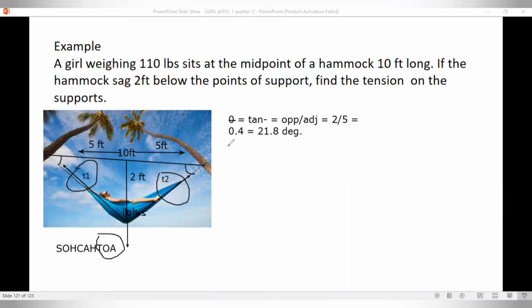Tingnan po muna natin yung sa x coordinates, yung horizontal coordinates niya.